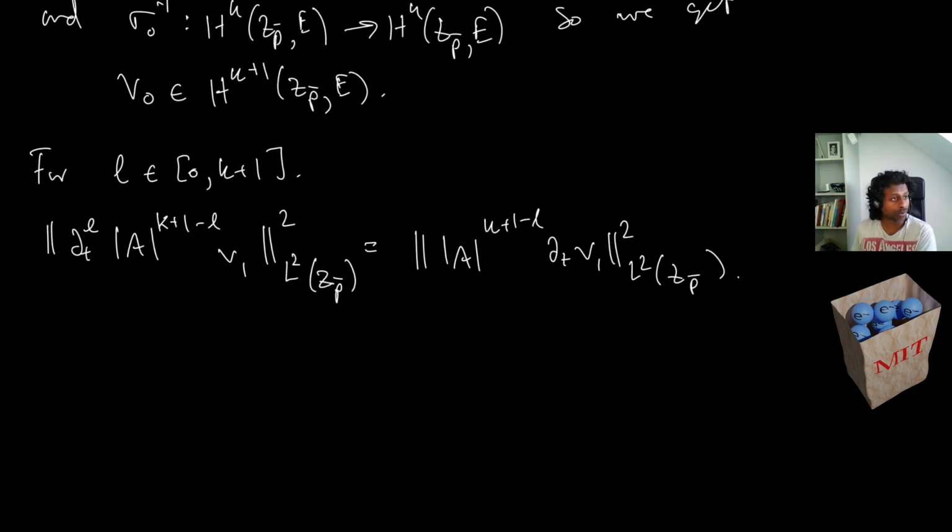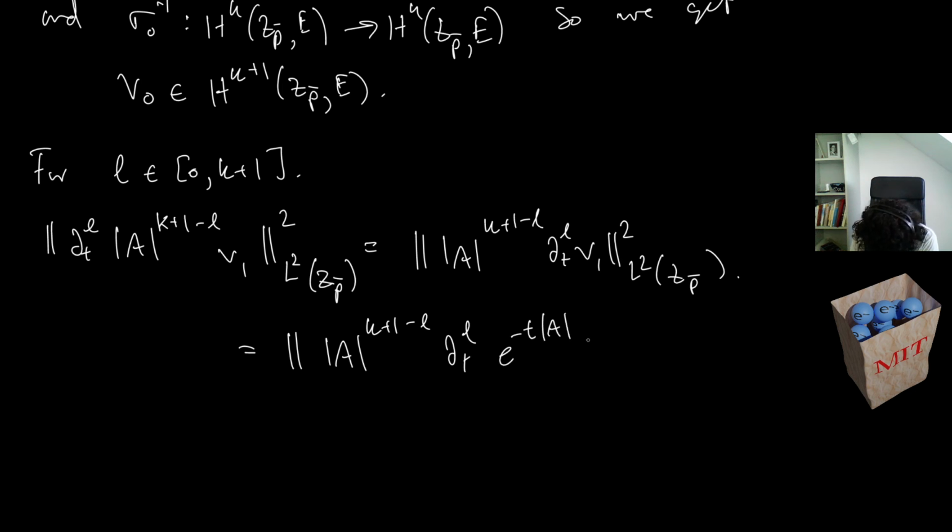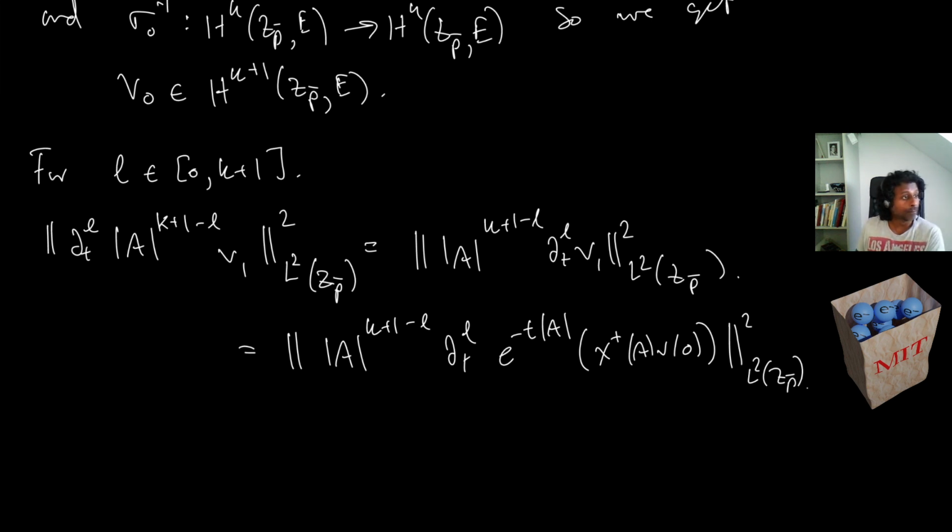And so then what happens? Now we are applying, so this is going to be, there's a power of L here. So this is |A|^{k+1-L} ∂_t^L e^{-t|A|} χ_+(A) v_0, squared, L² over Z_ρ bar.